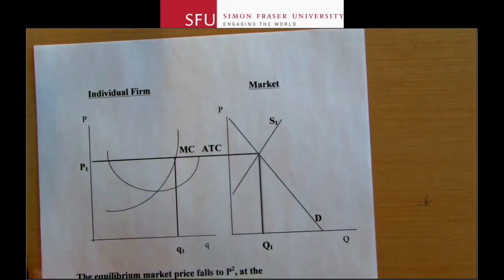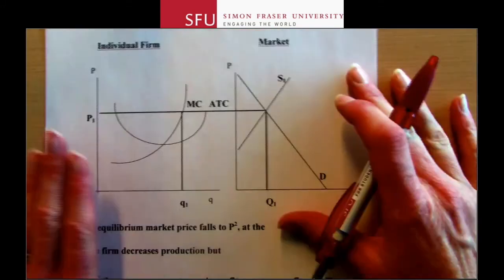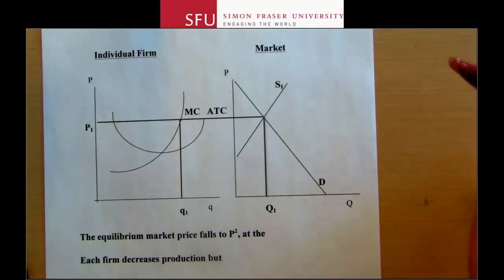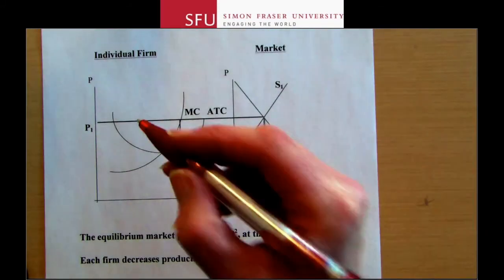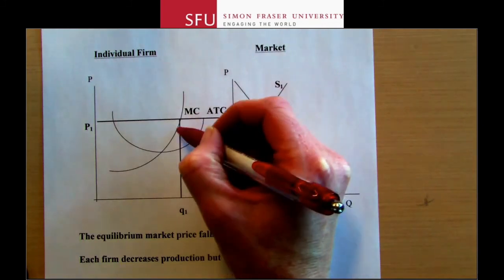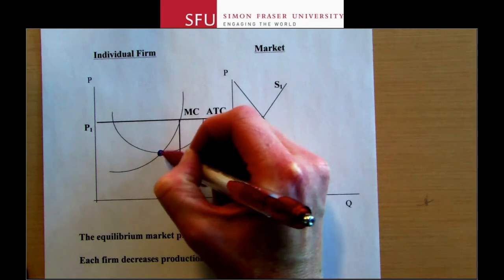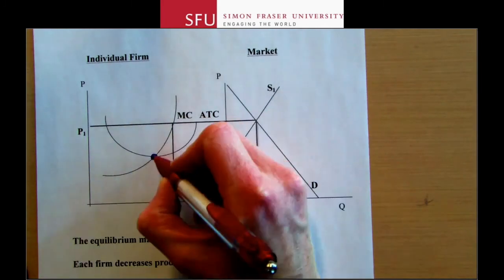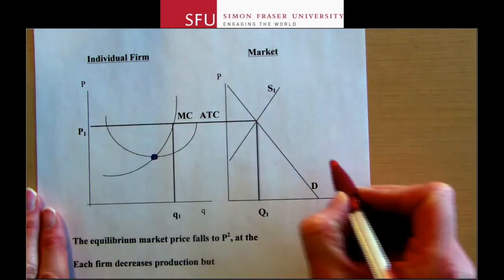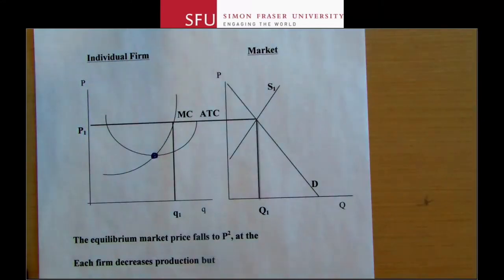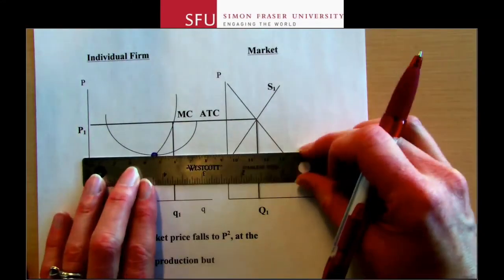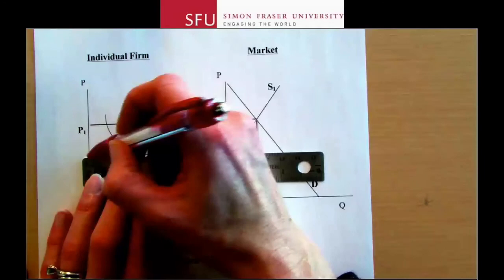All right, so what we want to show here is where the market will end up in the long run. So the price goes down, down, down until we get to here, the break-even price. So what we want to do now is draw a horizontal line across both diagrams. That will be the price where the market ends up.